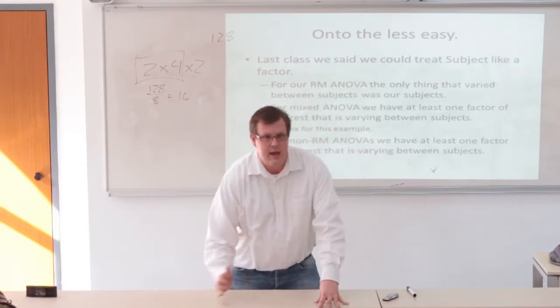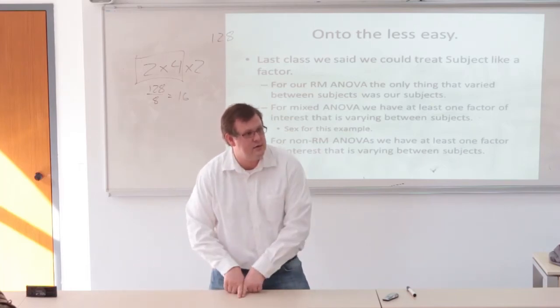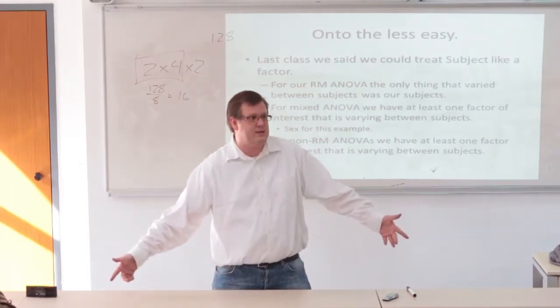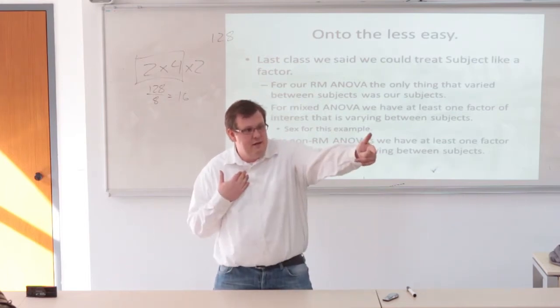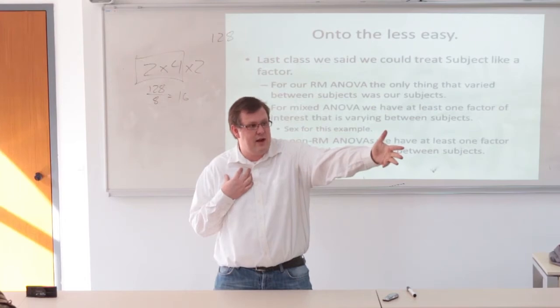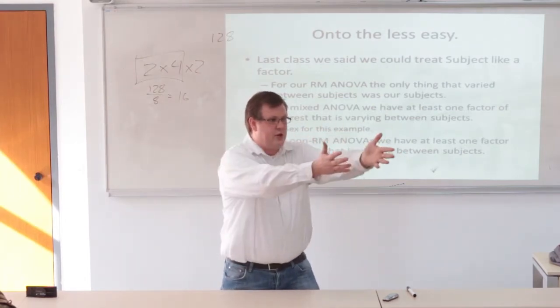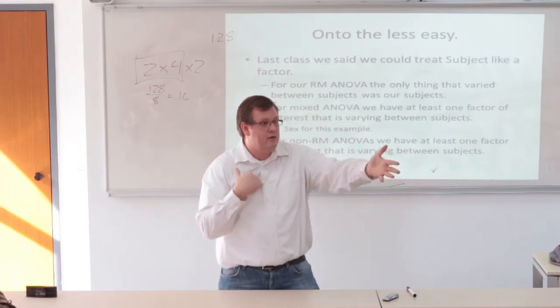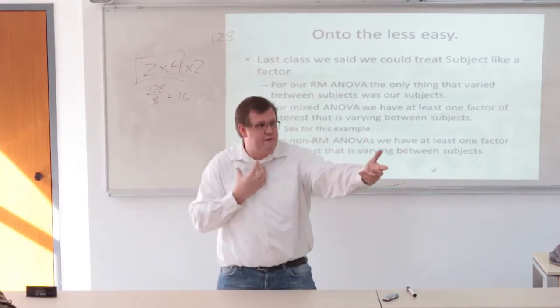So lists and queues are varying between subjects. Subjects also vary between subjects, right? Are you different from me? We're different subjects, right? Subject 1 varies from subject 2. I'm older. I'm American. We differ from each other.